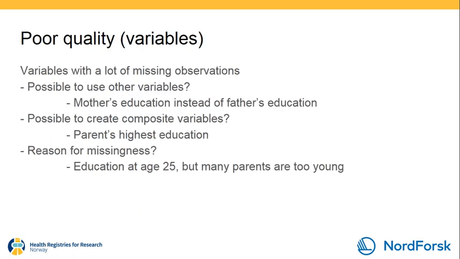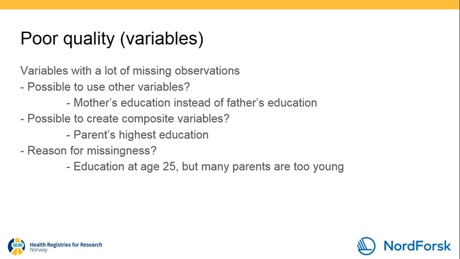So what do we do if we have poor quality variables? And by that, I mean variables with a lot of missing observations. Variables could have poor quality because they're not validated and stuff like that. But that's difficult to know just based on a purely data management situation.